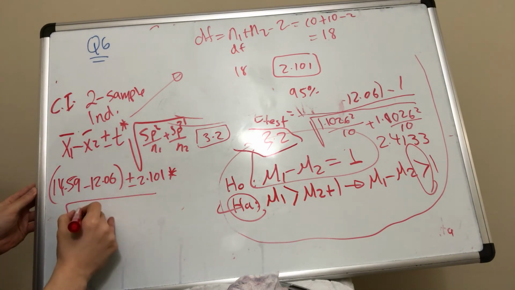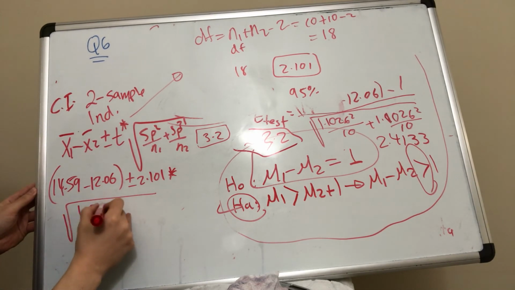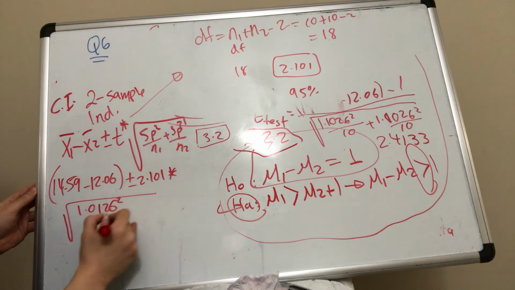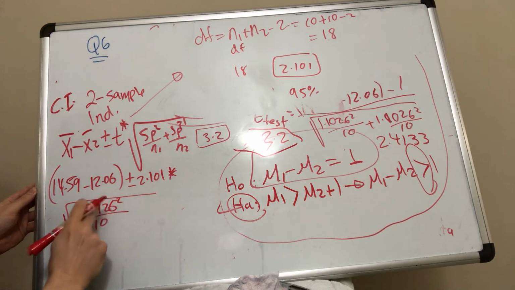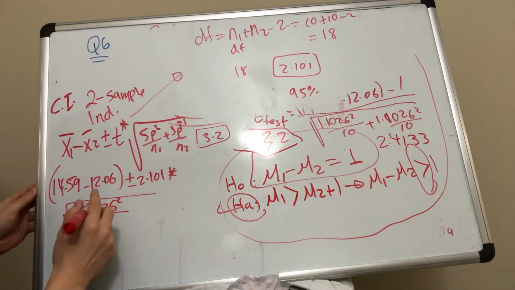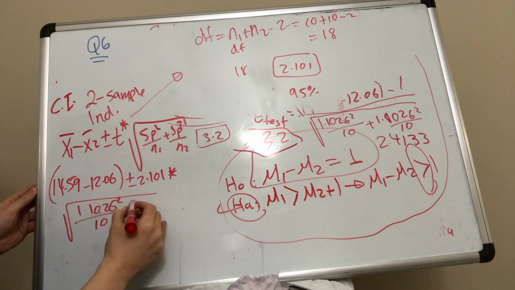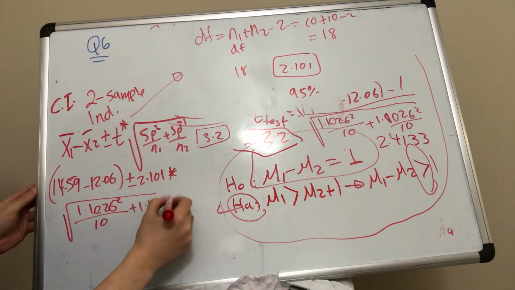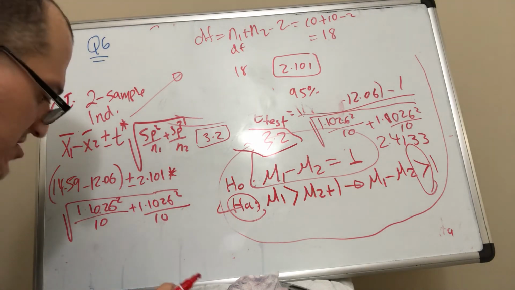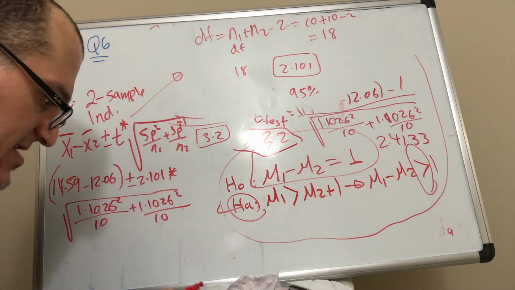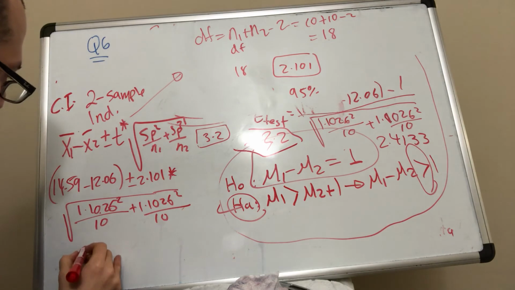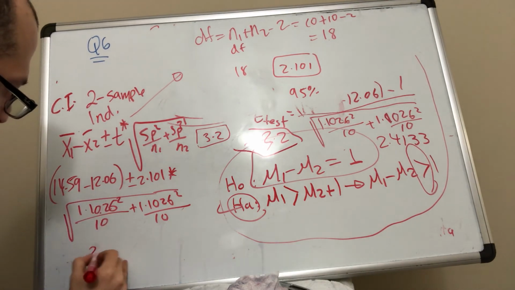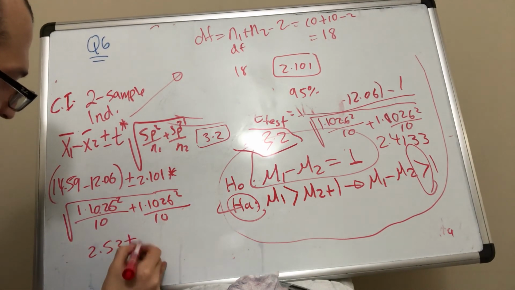SP, we found earlier. You square this over 10, and then 1.1026 squared over 10. So you put everything together, and the difference between these two is 2.53.